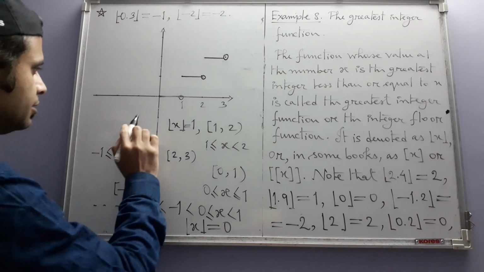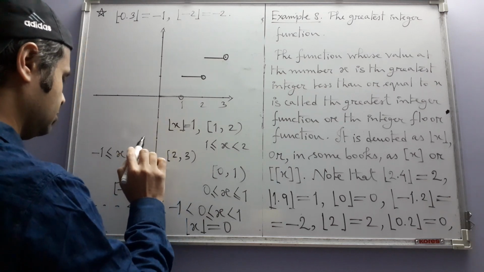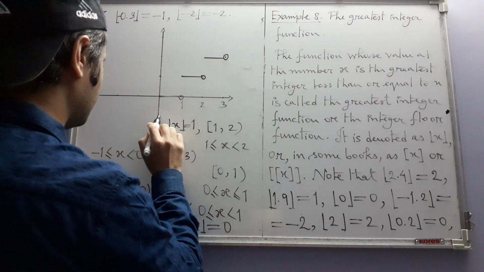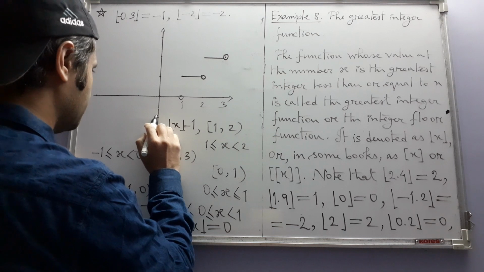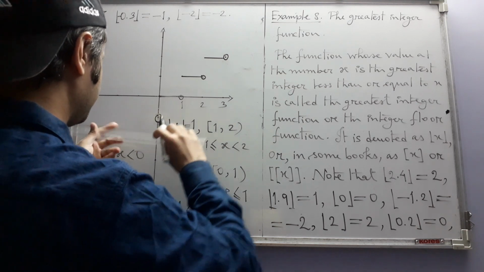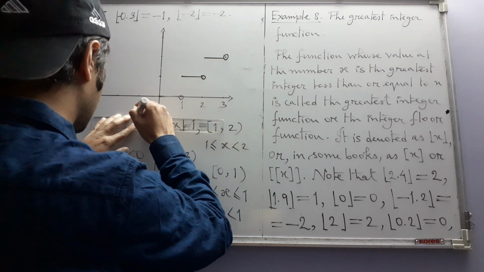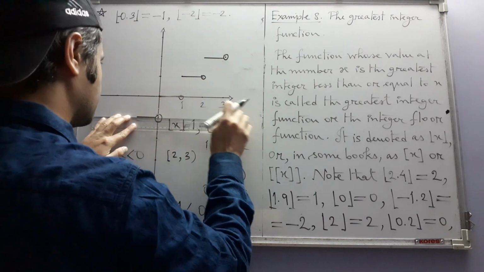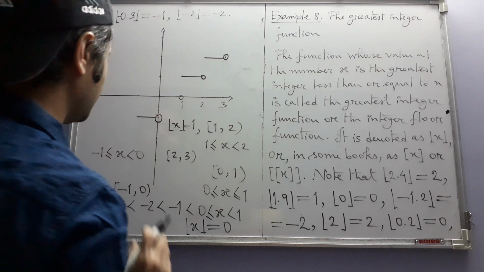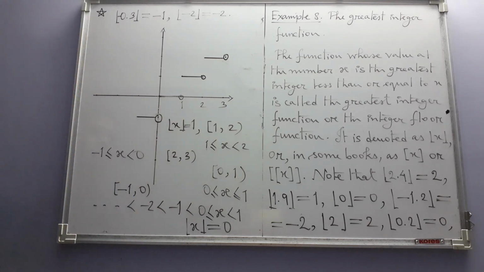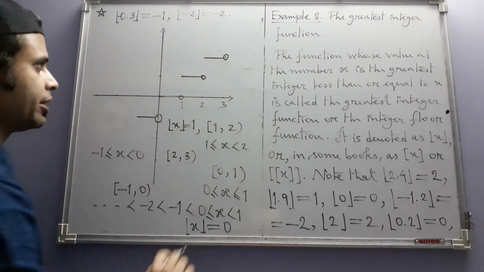So in this interval, that is where you have 1 and you don't have 0, this is the graph, constantly -1. So you can now see the general pattern.